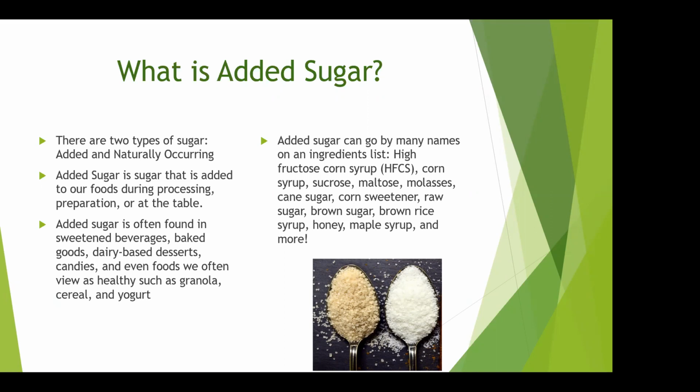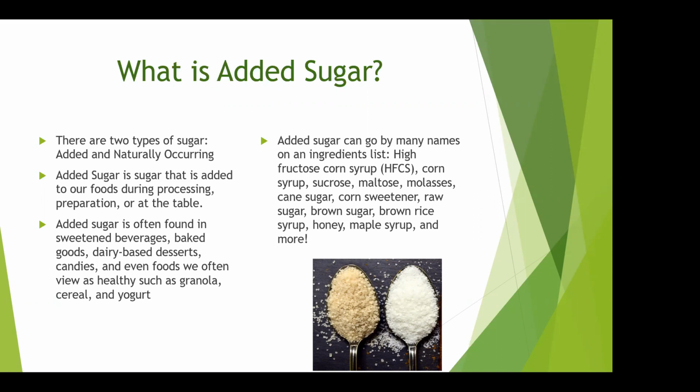And we're going to talk in detail about our nutrition facts label and finding added sugar on it. But we also want to occasionally look at our ingredients list. It can really clue us in on what's going on with our foods. And the ingredients list can have added sugar listed by so many different names.